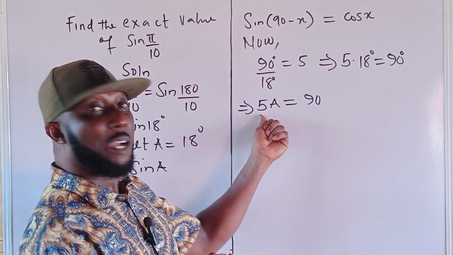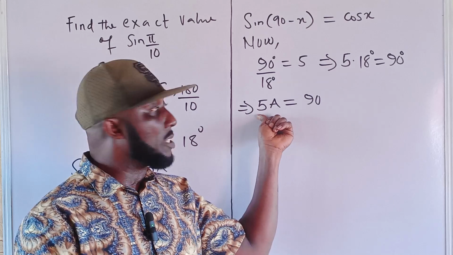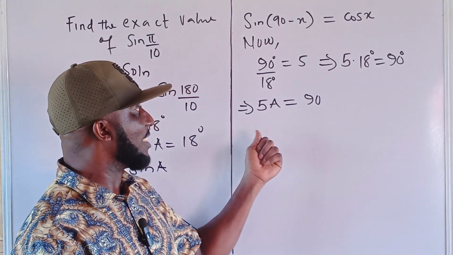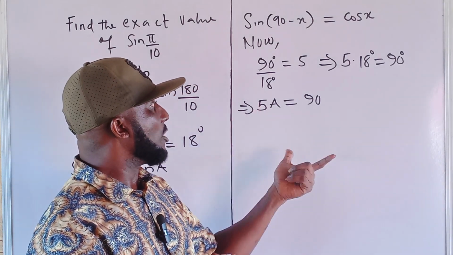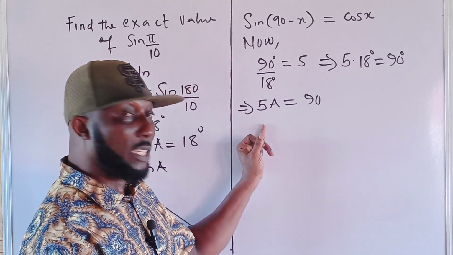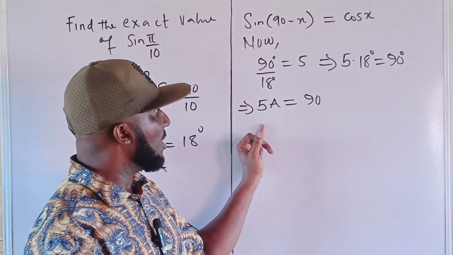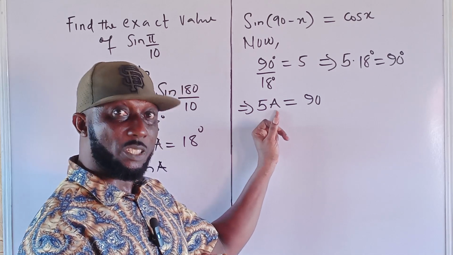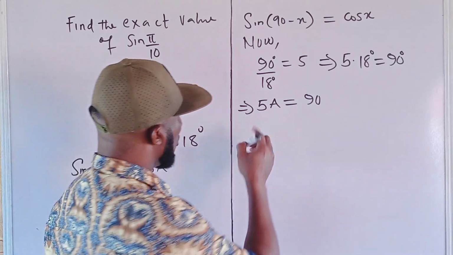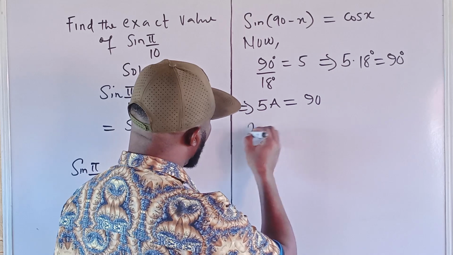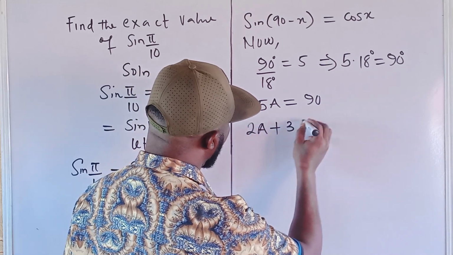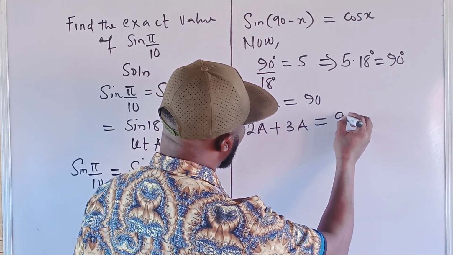So I can write 5A as 2A plus 3A. The reason being that there's a trig formula for 2A, which is called the double angle, and the same thing for 3A, which is called the triple angle. So I can write 5A as 2A plus 3A, which is equal to 90.